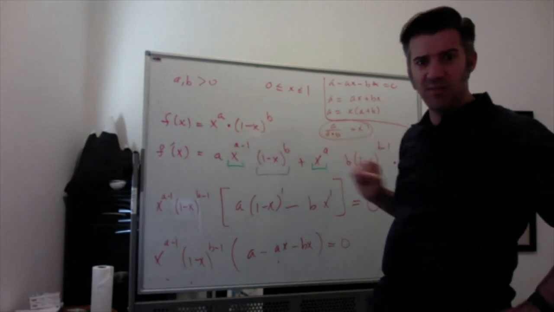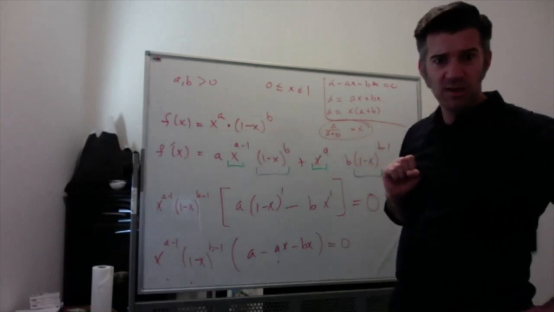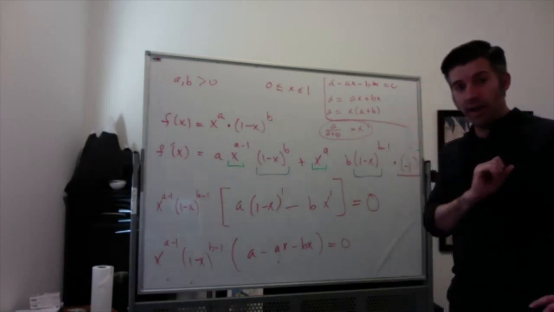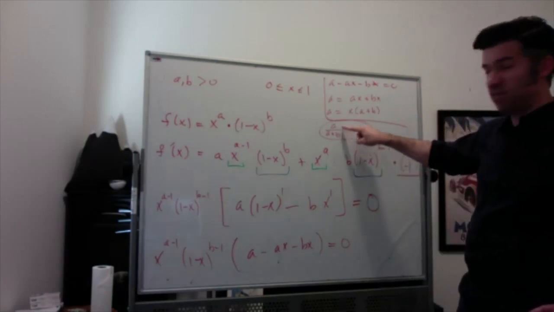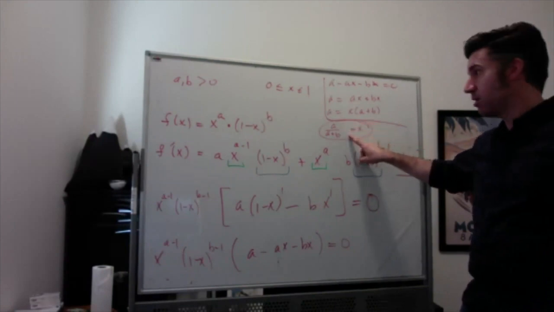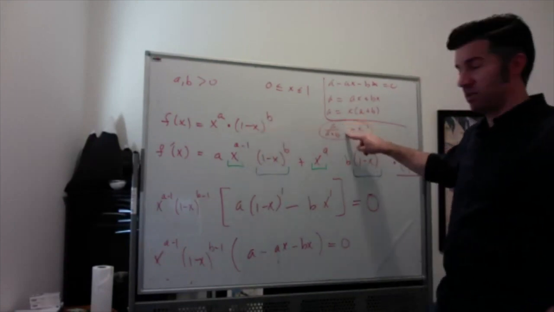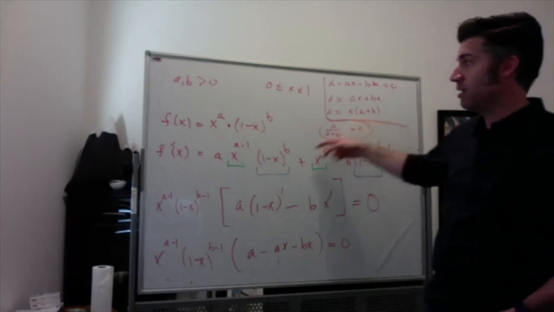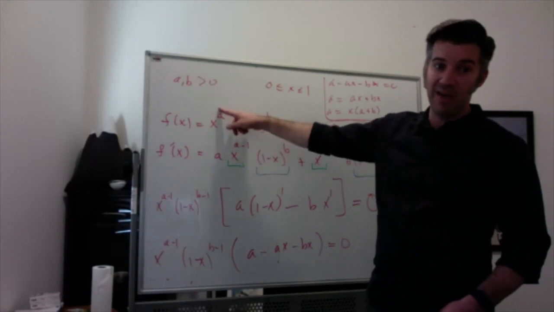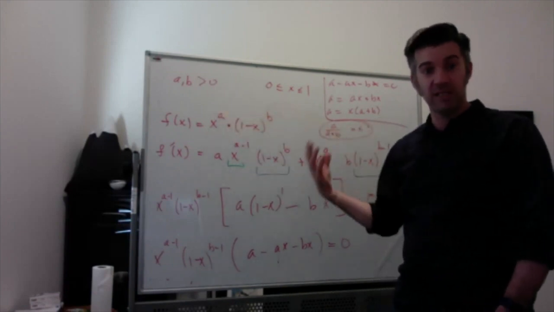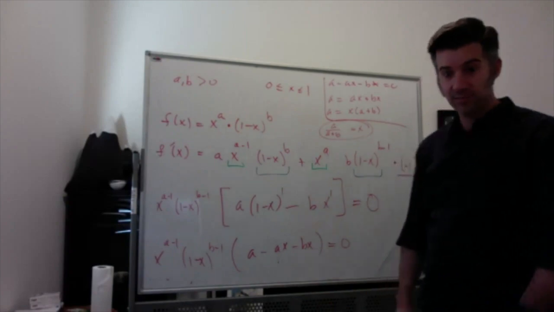Is it also going to be positive? The answer is yes, and here's why. A plus b is bigger than a, so a over a plus b is smaller than 1. So 1 minus a over a plus b is still positive. When you plug in a over a plus b, you'll get a over a plus b to the a times 1 minus a over a plus b to the b, and it will be the biggest value you can get.